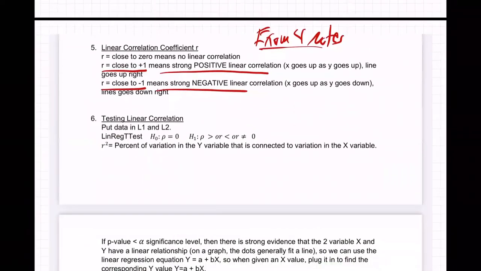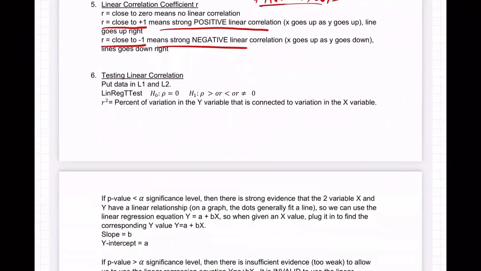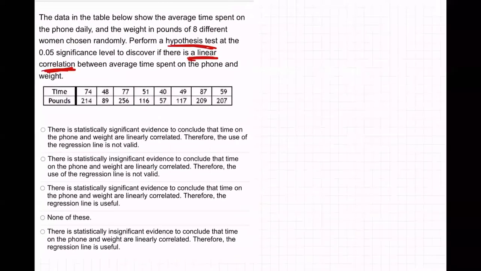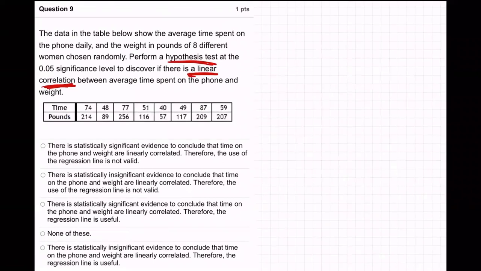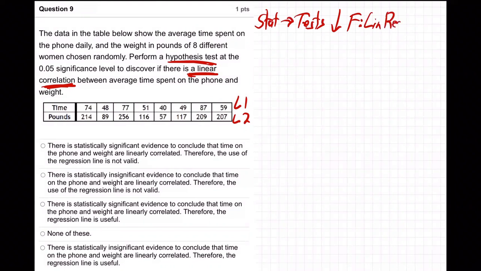And here I am on the notes, exam 4 notes. It's number 6, testing linear correlation. So put the data in L1, L2, go to linear regression t-test. So L1's here, L2's here. And then we go to stat, over to test, down to F, which is linear regression t-test.